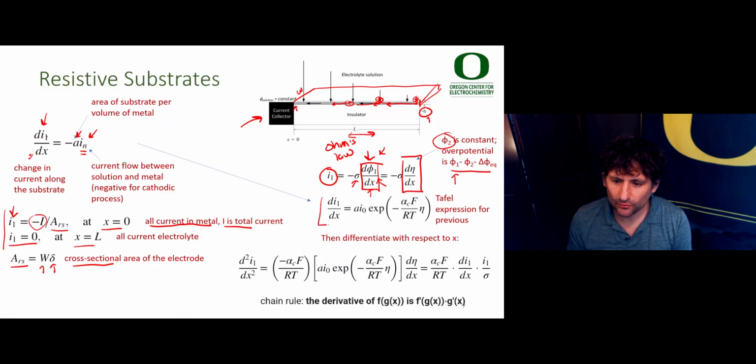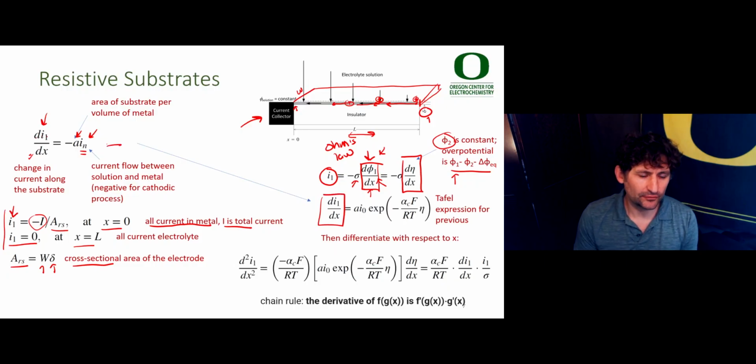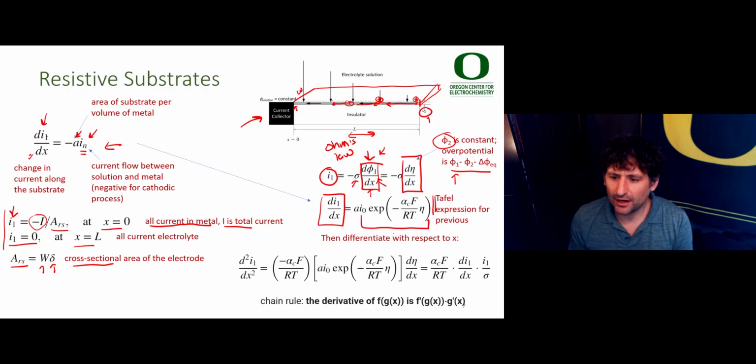We can also rewrite the derivative of I1 with respect to x from over here, from our definition, in terms of a Tafel expression. So I've just plugged in for IN using this Tafel expression that is ignoring the reverse reaction. So this is only the cathodic branch of the full Butler-Volmer expression.